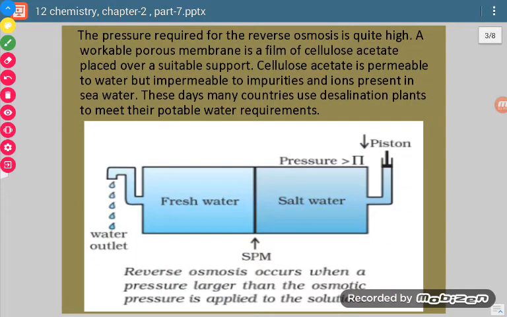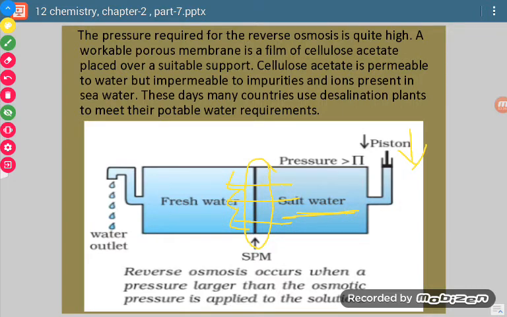From this diagram you can see it properly. This is the semi-permeable membrane, and we are applying pressure here on the sea water. This SPM will allow the movement of only solvent molecules.